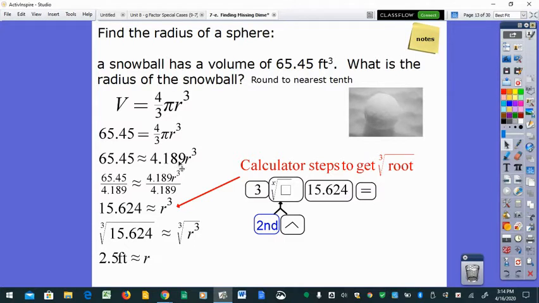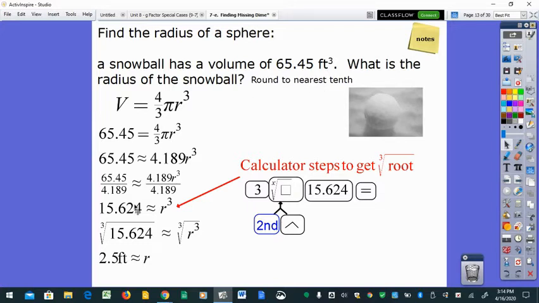Now, to solve this one-step equation, I'm going to divide both sides by the 4.189. I pick up my calculator and I take 65.45 and I divide it by 4.189, and in the calculator I see 15.625. Now I know I said round to the nearest tenth.